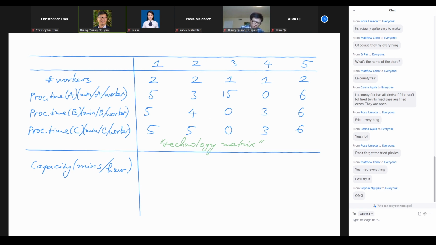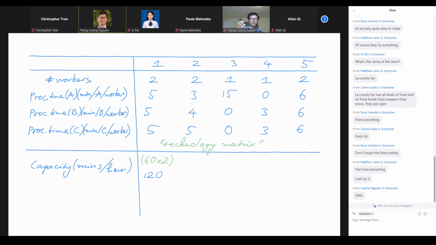So we know that in 1 hour, if we do not have any break time at all, a worker will work for 60 minutes, right? But here we have two workers. So the two workers between them can offer, can supply, or can render 120 minutes of work, or sometimes we call it that they can offer 120 minutes of service to the cooking process, right?